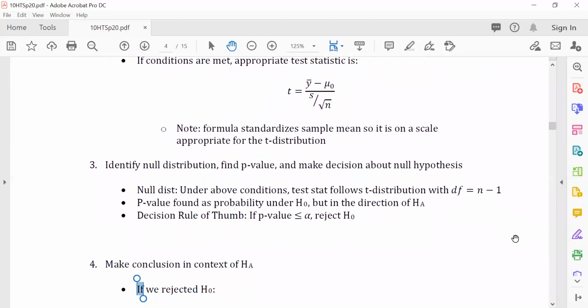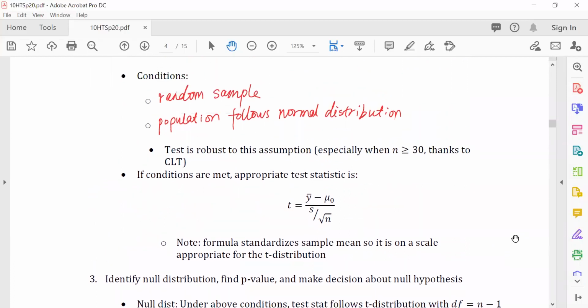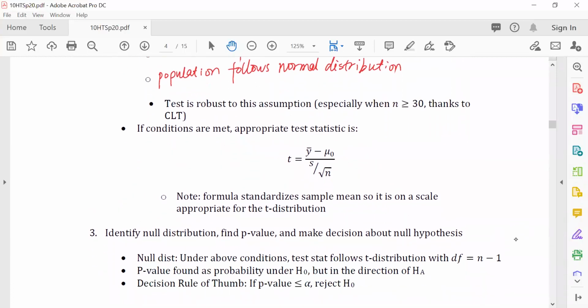Step 3: identify the null distribution, find the p-value, and make a decision. The null distribution is under the above conditions. If those two conditions are met, this test statistic will follow a t-distribution with degrees of freedom equal to n minus 1.